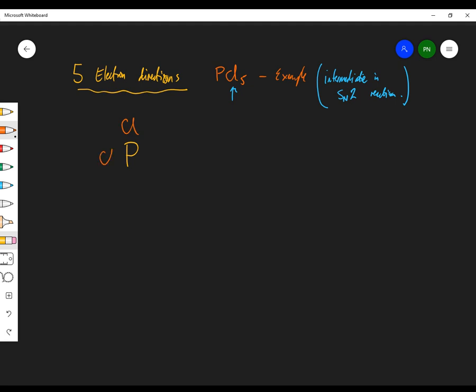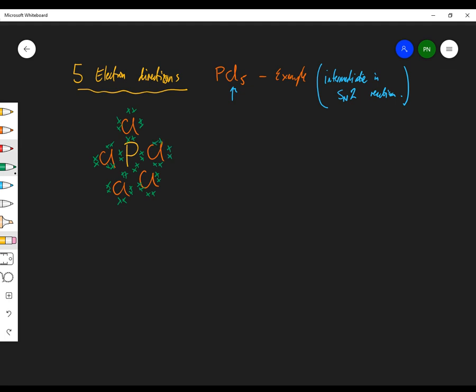P, 1, 2, 3, 4, 5, and this is going to have 1, 2, 3, 4, 5. Oh, drawing electrons is painful. Oh well, there you go. I think that's all done.